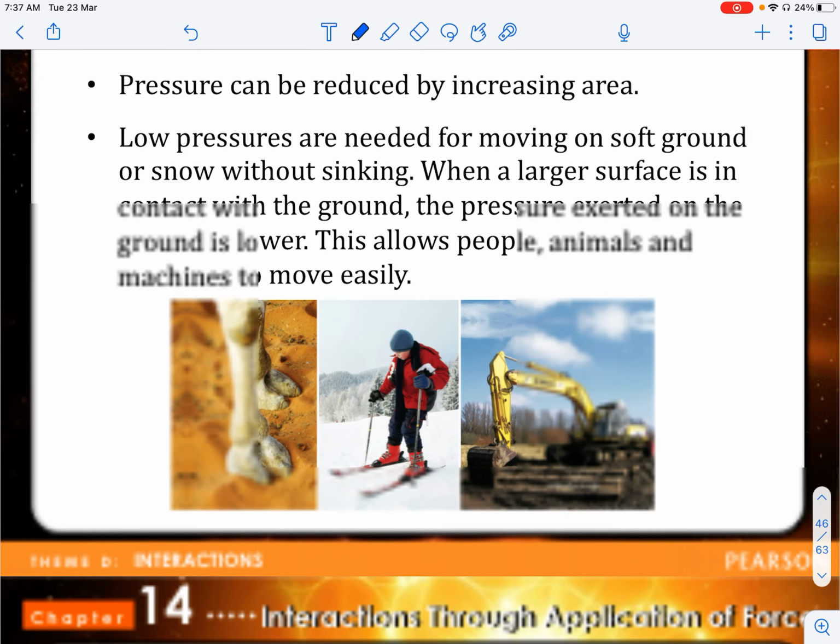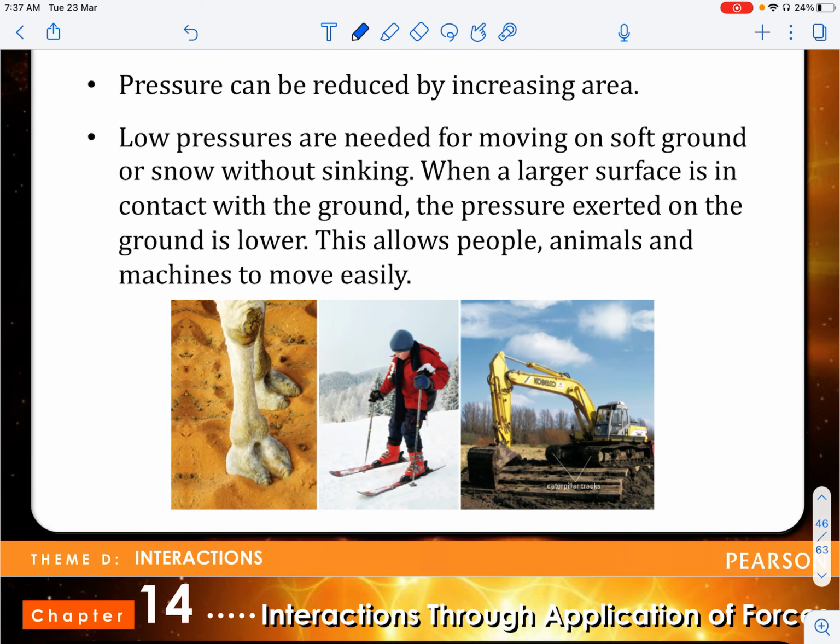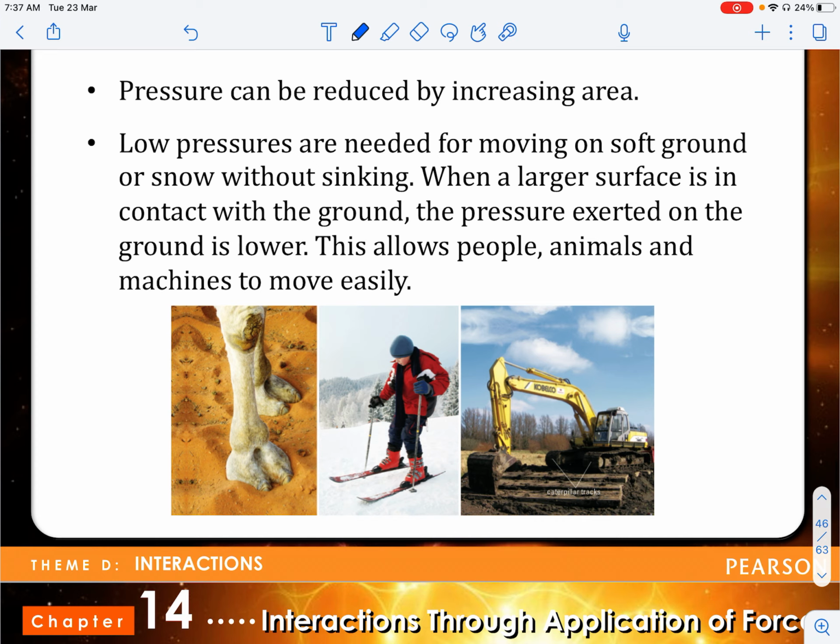The other one is, let's say you want to walk through snow, where you can very easily sink in. You could see that the surface area of the boots is a lot larger to distribute your weight, which is the force. And this allows you to have lesser pressure and therefore not sink.